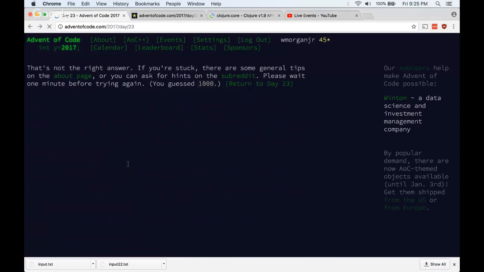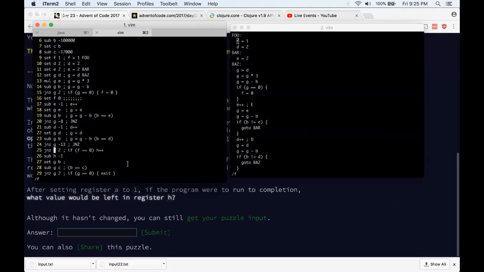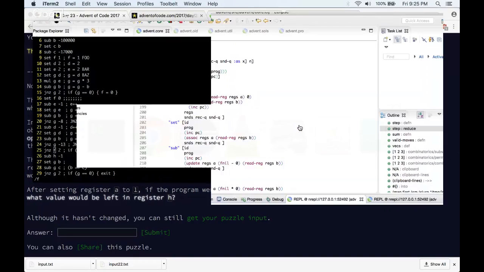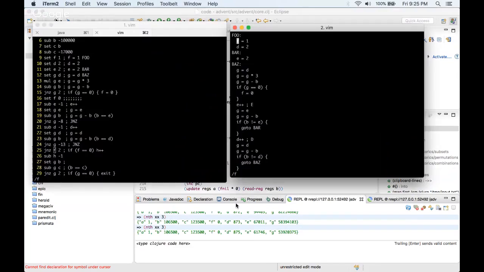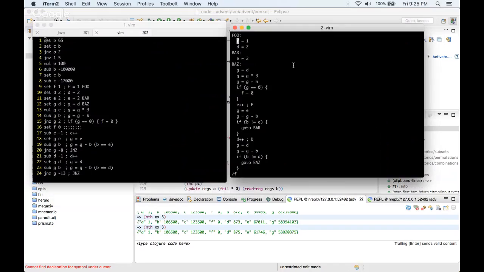Not the right answer. Okay. Well, F is 0. I think I'm just not understanding. Let's see. Oh no, it gets set to 1 here.